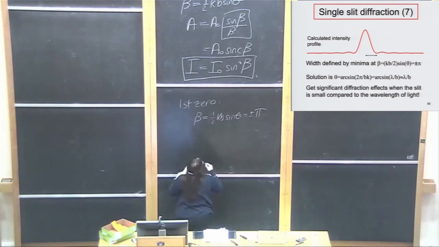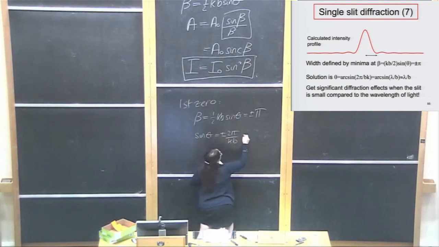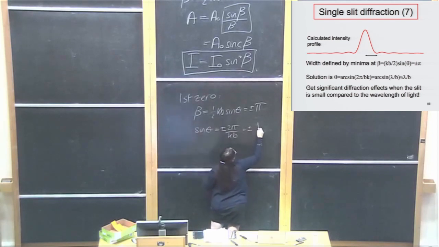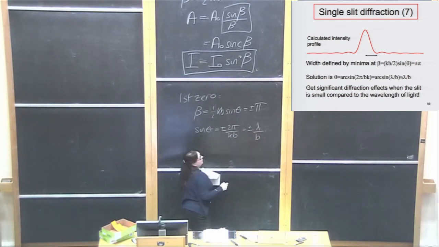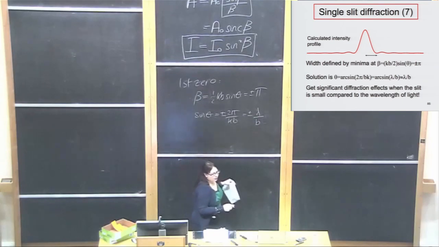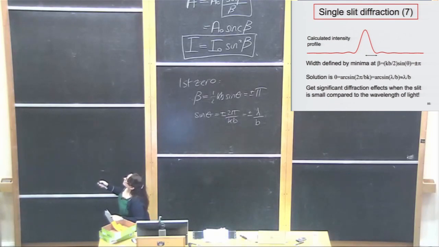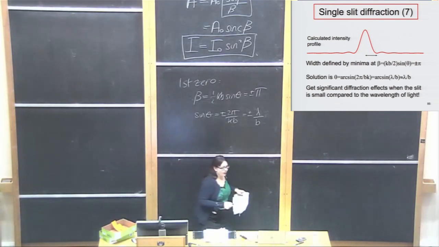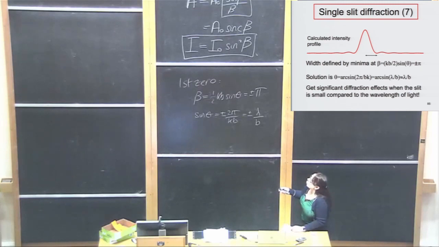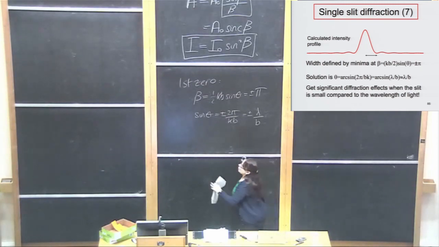And we can solve this to get it in terms of wavelength instead. So sine theta equals plus or minus 2 pi over kb, which is plus or minus lambda over b. So here we have an expression, in terms of lambda and the slit width, for when our intensity distribution drops to 0 for the first time. And this is basically a measure of the width of this central peak. That's going to be important for where we're going.